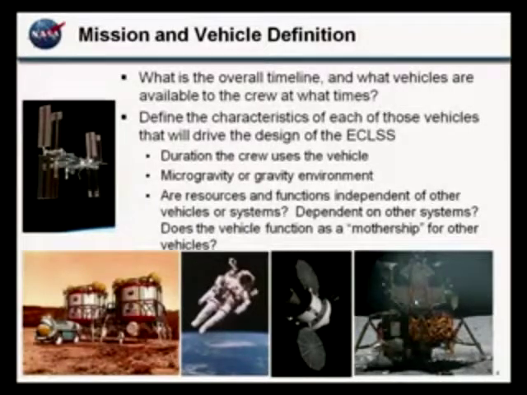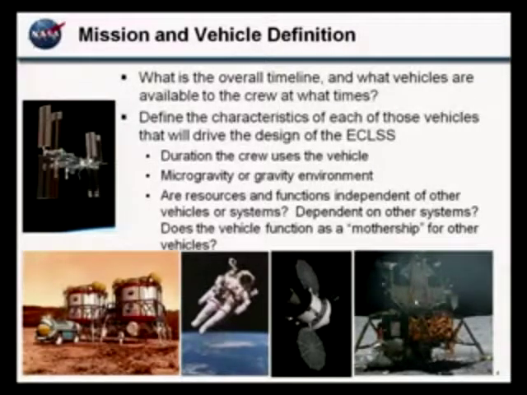So mission and vehicle definition. The first question is always, what is the timeline for me? For a Mars mission, obviously we're looking at a pretty long timeline, but probably not as long as space station. A spacesuit even counts as a life support system. We have that lovely picture.